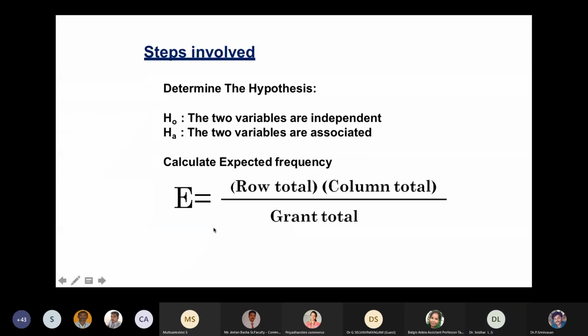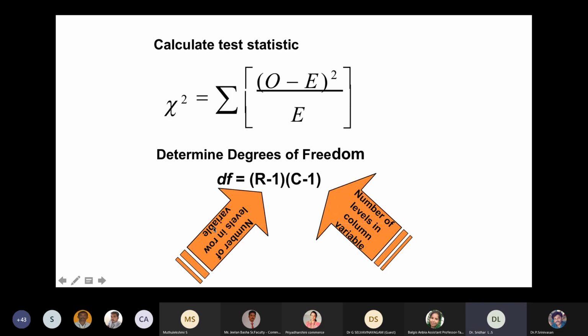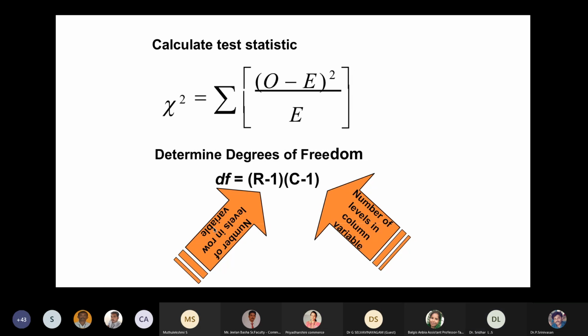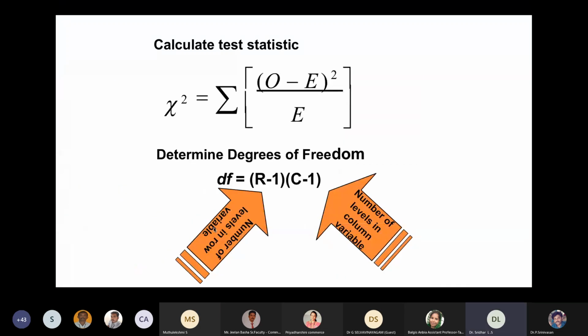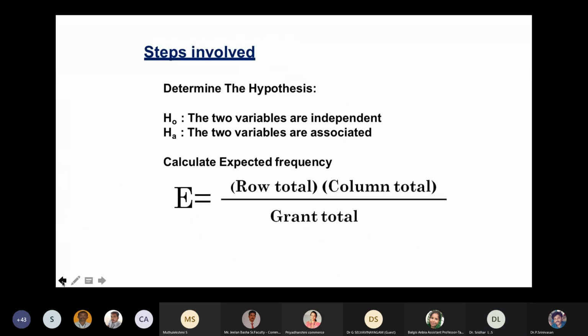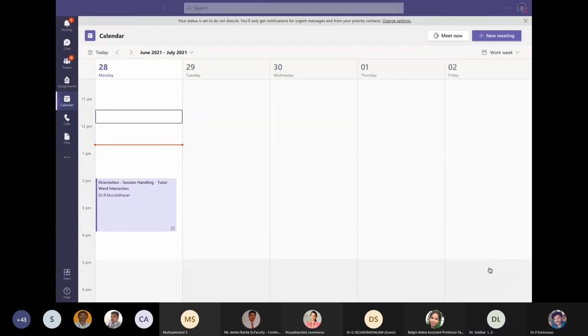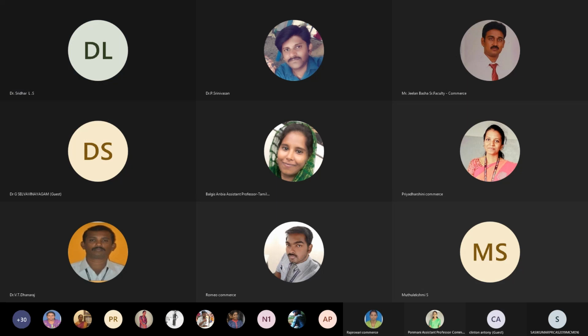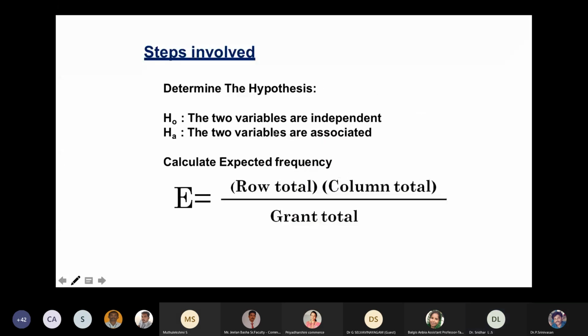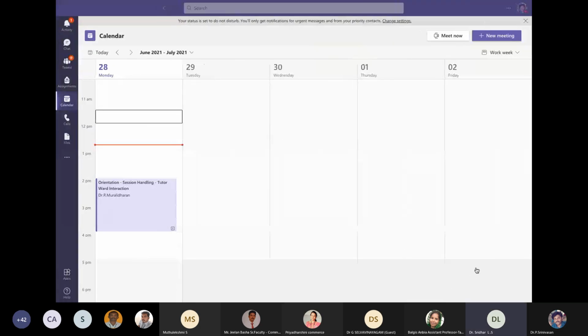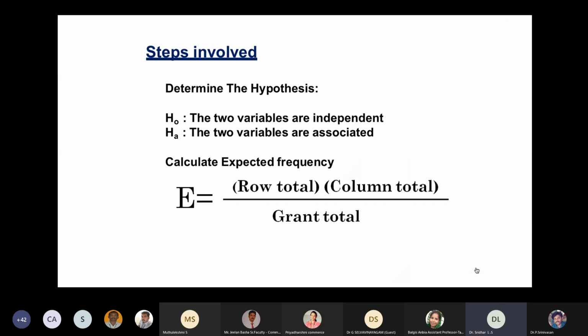Next, sir. Sir, can you see the slide? No, sir, I'm able to see only the calendar.